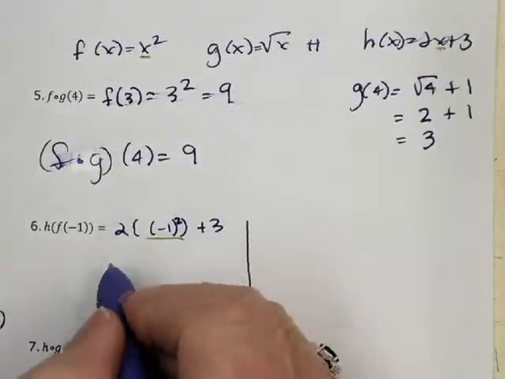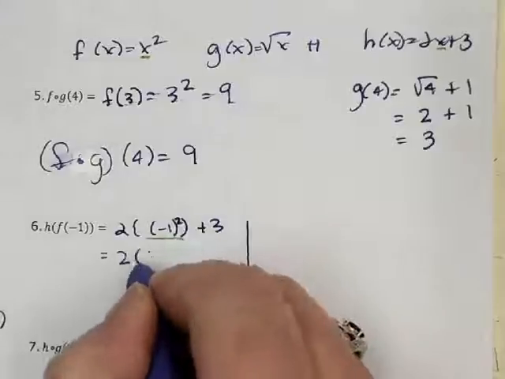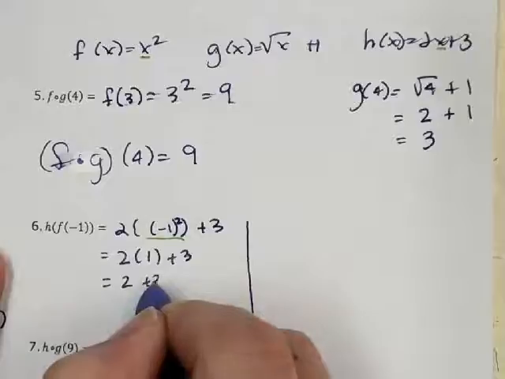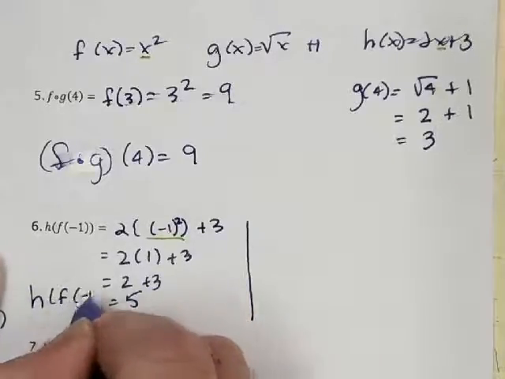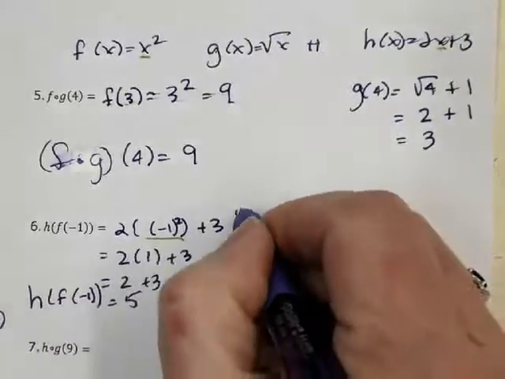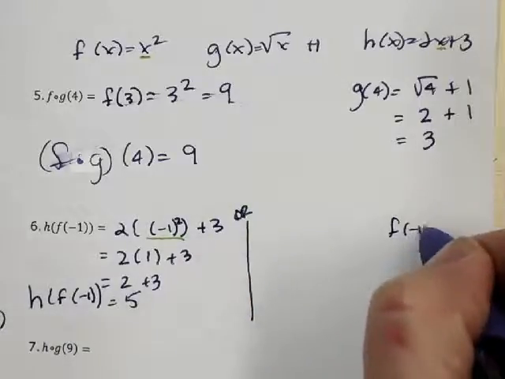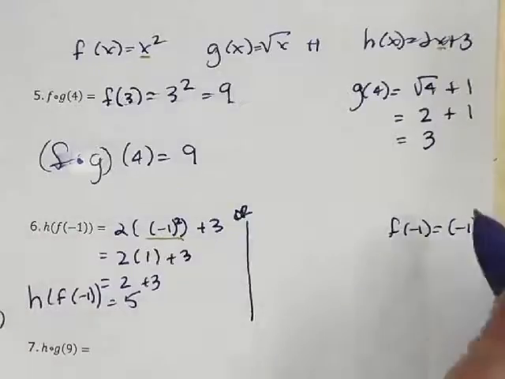And here's what I do. So that's 2 times, negative 1 squared is 1. 2 times 1 is 2, and 2 plus 3 is 5. So h of f of negative 1 is 5. Or, I can do this. f of negative 1 is this, which is 1.